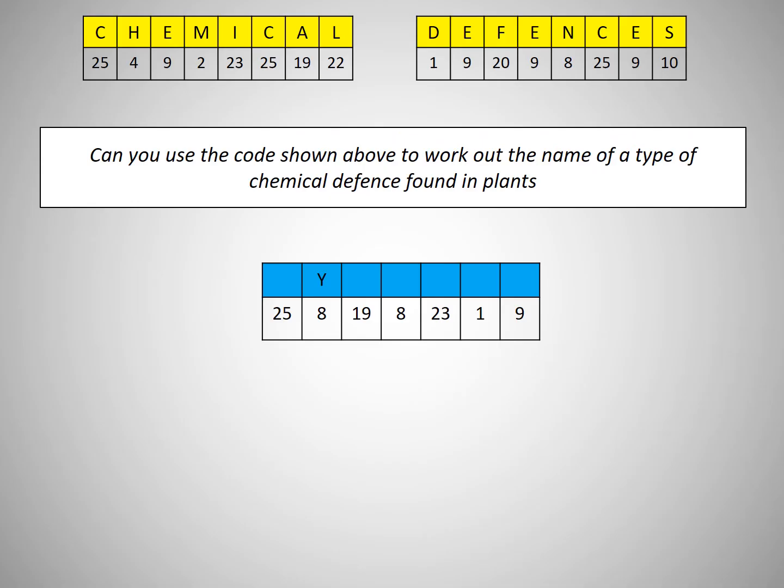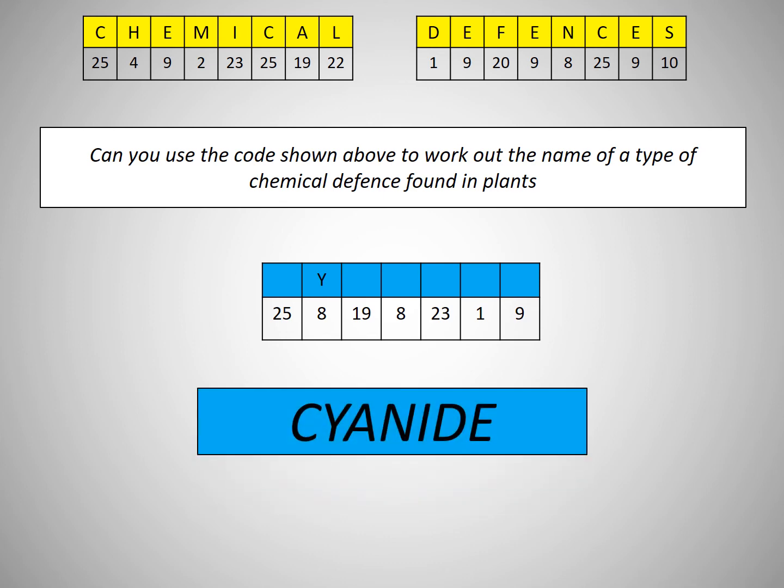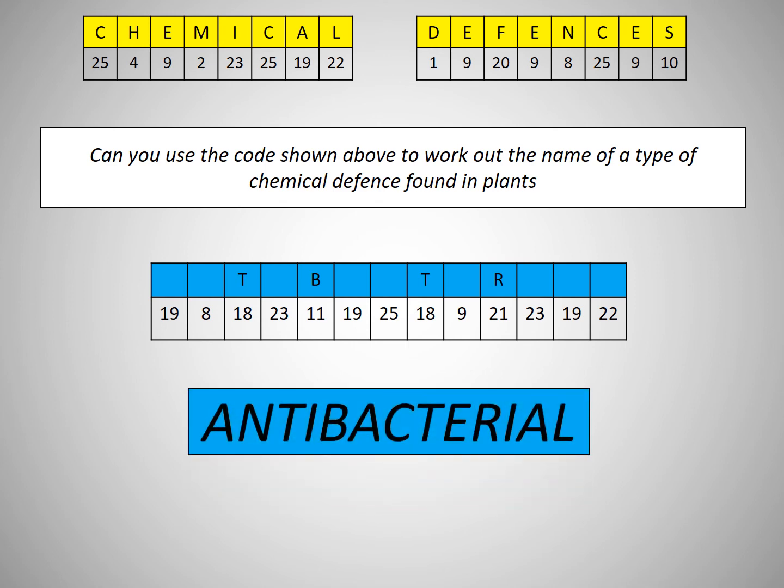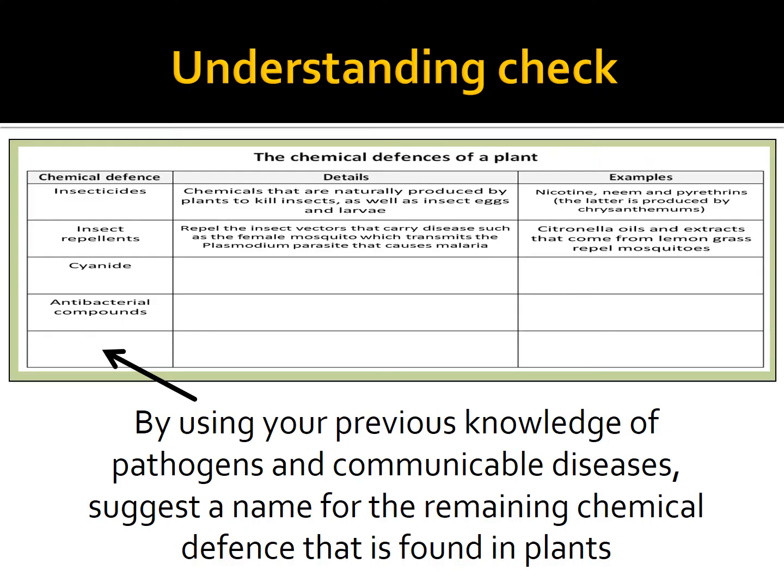Next one, so give it a pause. This is a chemical defense found in plants. Cyanide. I think you've probably all heard of it. Cyanide is a poison. And here's another one: antibacterial chemicals. Let's put this in the table. So we've got cyanide and antibacterial compounds.